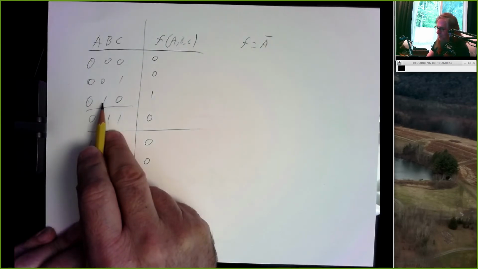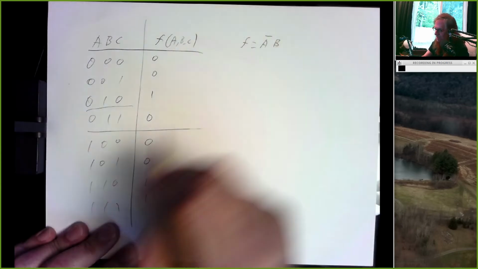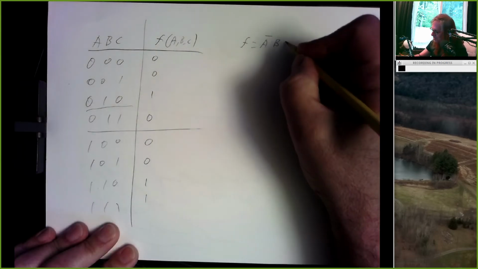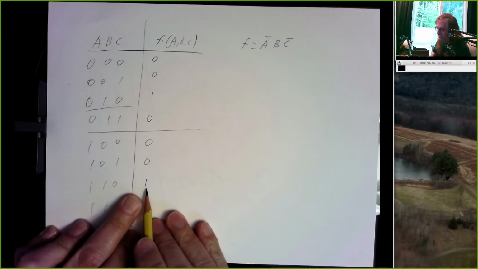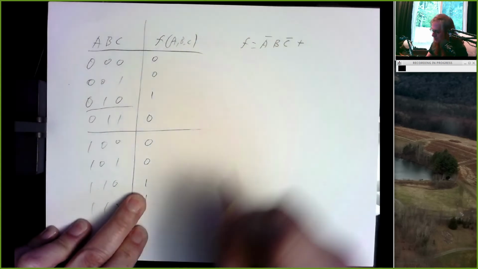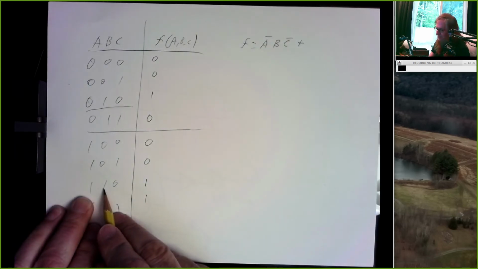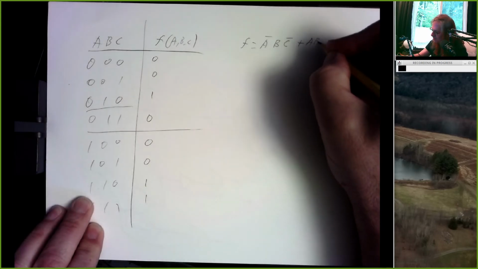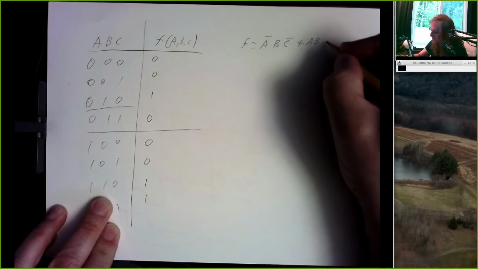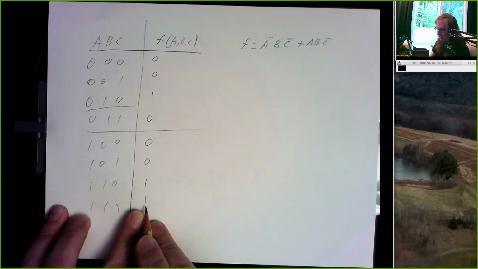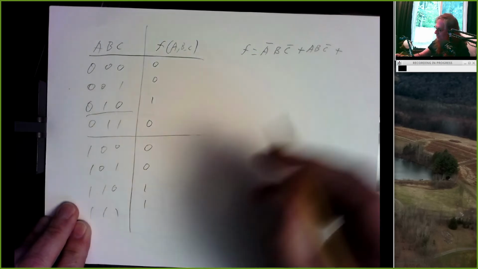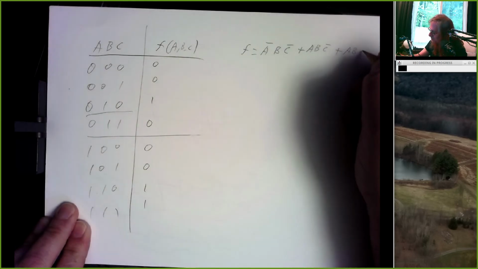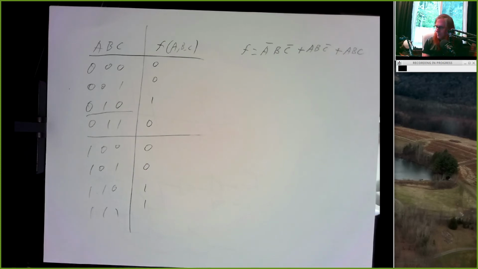If there's a 1 for the B input, we write B without a bar. There's a 0 for the C input, so we write C with a bar. Then we have another place where we want our output to be 1, so we say OR. Here A and B have 1s, so we write A B, and C has a 0, so we write C bar. There's another place where our output should be 1, so we say OR. Here A, B, and C are all 1, so this is just A B C. So there's an equation corresponding to this truth table.